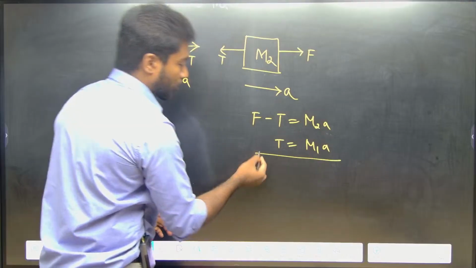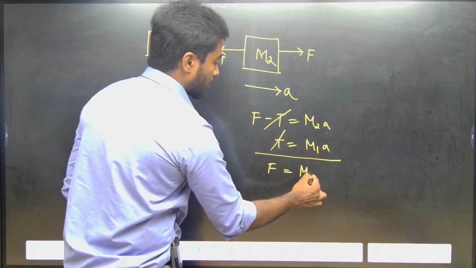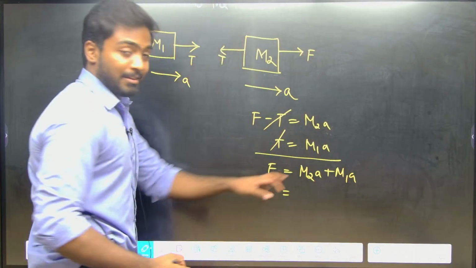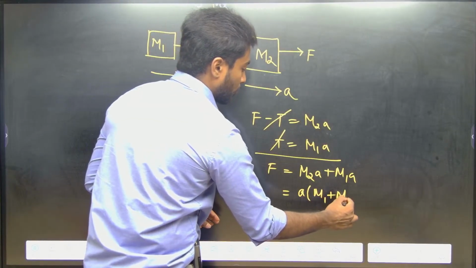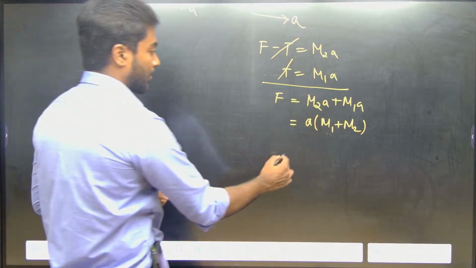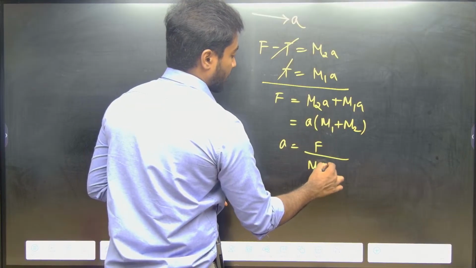If I add both of them, minus T plus T will get cancelled off. F will be equal to M2A plus M1A. It is nothing but A times M1 plus M2. So similarly we will get, yes or no? A will be equal to F by M1 plus M2.